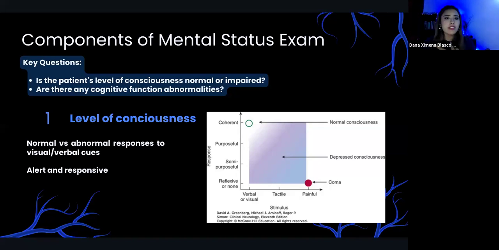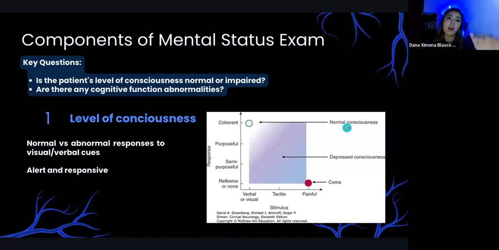So we are going to locate him on this side if the response is coherent, like the language is proper language. You can understand the patient. He's fluent in his language. He's coherent. He understands your verbal cues, your visual cues.